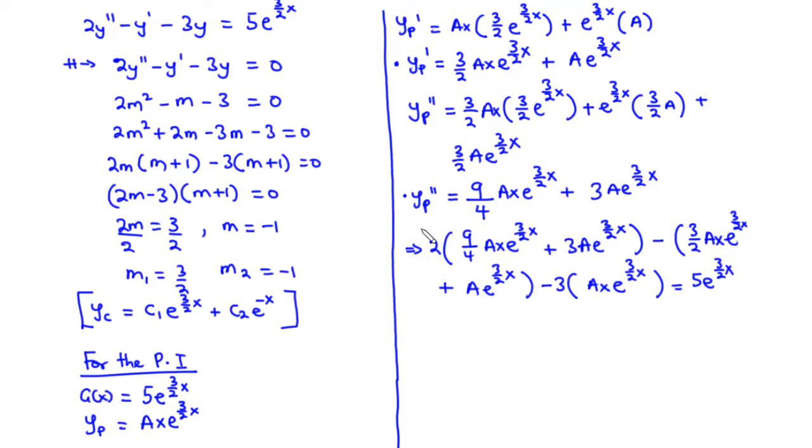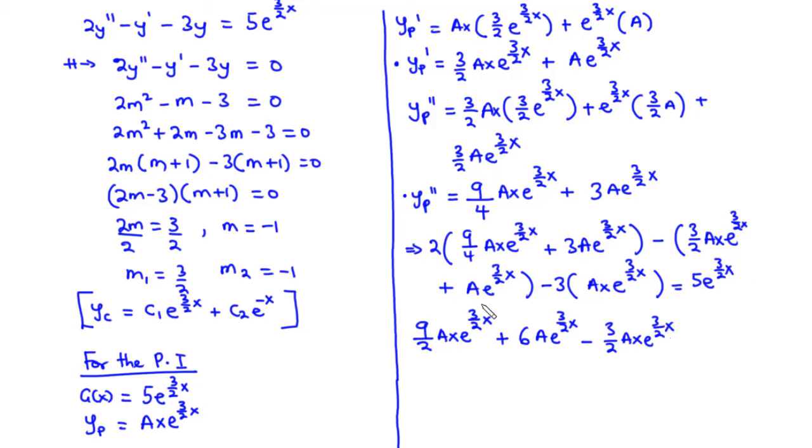Now 2 goes here once, 2 goes here 2 times, so that becomes 9 over 2. So 9 over 2 ax e to the power 3 over 2x, plus 2 times 3 is 6, so 6a e to the power 3 over 2x, and then minus 3 over 2 ax e to the power 3 over 2x, minus.